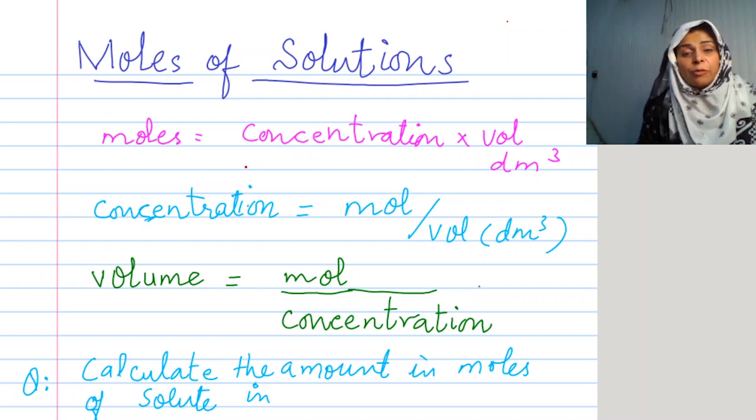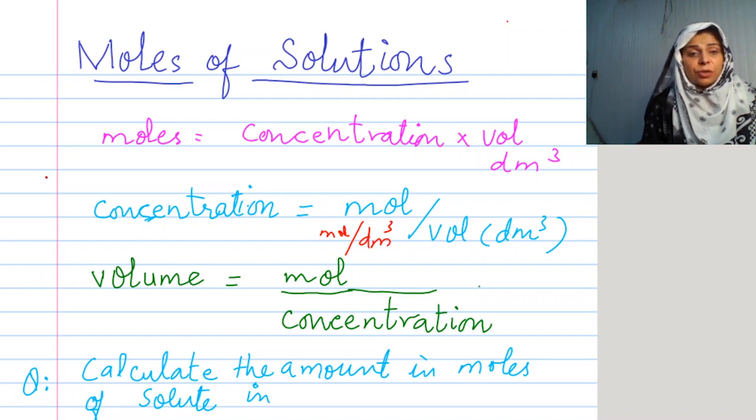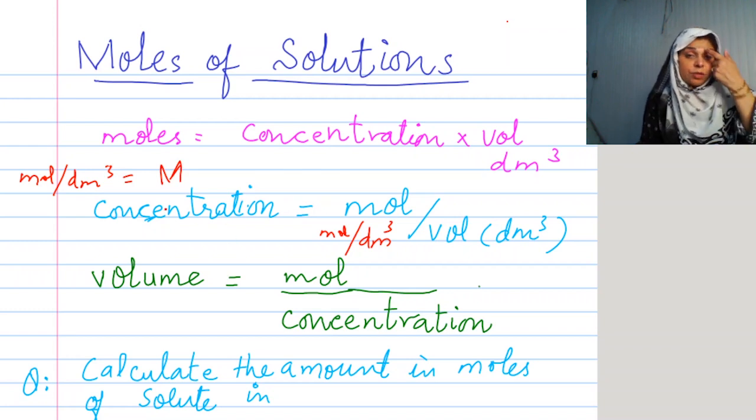So if we have to calculate the concentration from this formula, it will be mole over volume, that is decimeter cube. So the unit for concentration is mole per decimeter cube. The concentration, which is mole per decimeter cube, can also be represented as capital M. Remember, concentration is capital M or mole per decimeter cube.